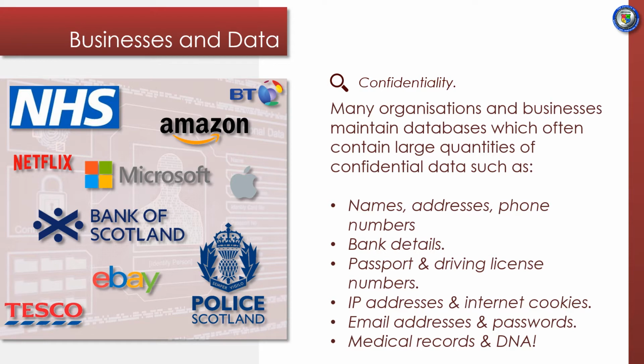Many organisations and businesses maintain large databases which often contain huge amounts of confidential data. These would include names and addresses, bank details, driving licenses, IP addresses, email addresses and passwords, and even medical records and DNA.